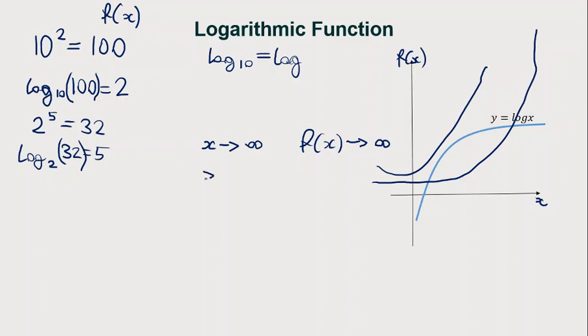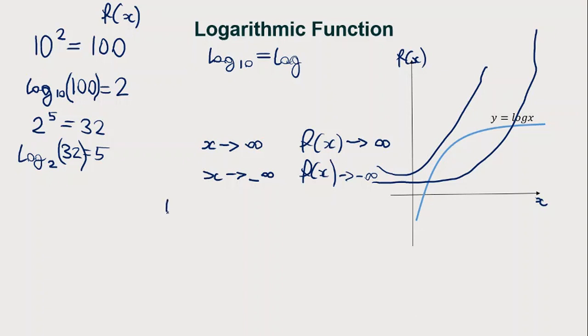What happens if x goes to negative infinity, however? What happens to f of x? If you look at the picture, it actually approaches minus infinity. It never touches the f of x axis, but in terms of f of x, it keeps decreasing until negative infinity.